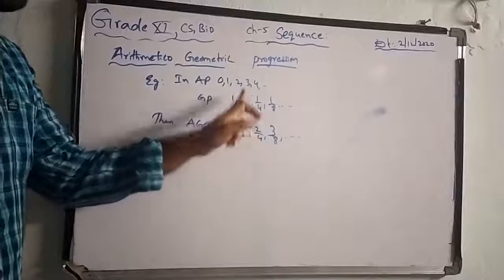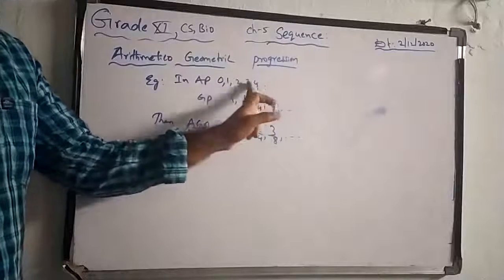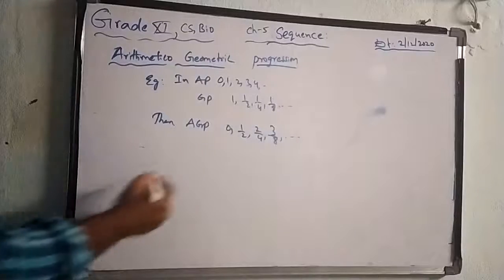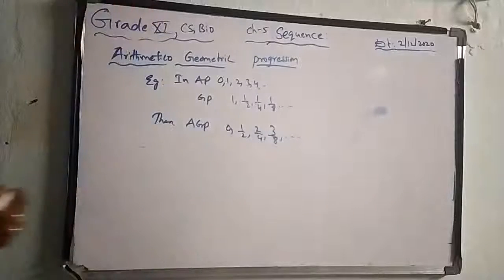That is, 0 into 1 is 0, 1 into 1 by 2 is 1 by 2, 2 into 1 by 4 is 2 by 4, 3 into 1 by 8 is 3 by 8, and so on. So we get this as an arithmetic and geometric progression series.